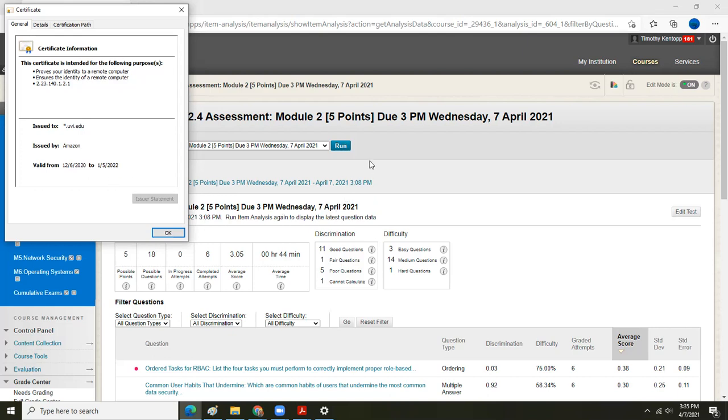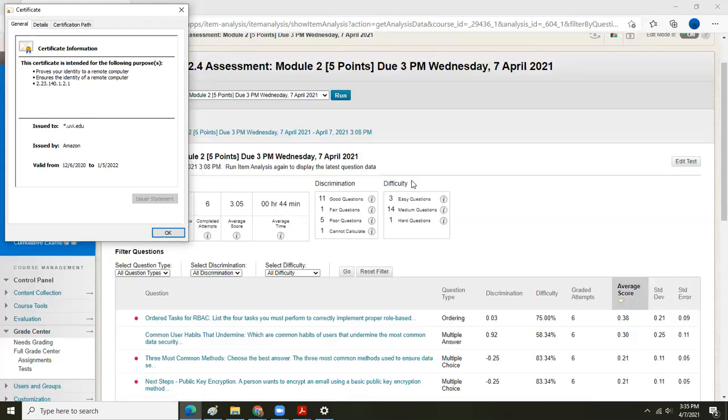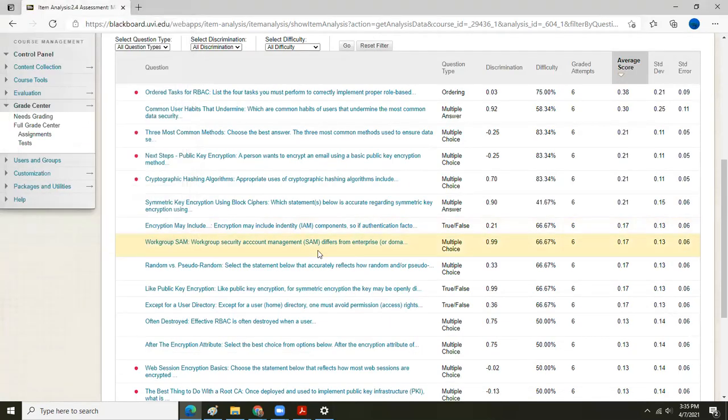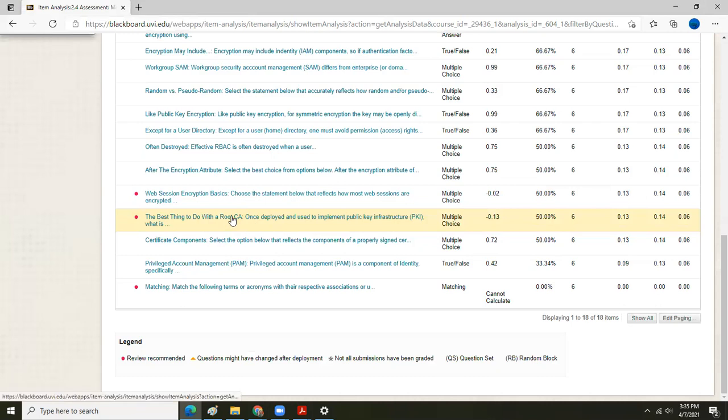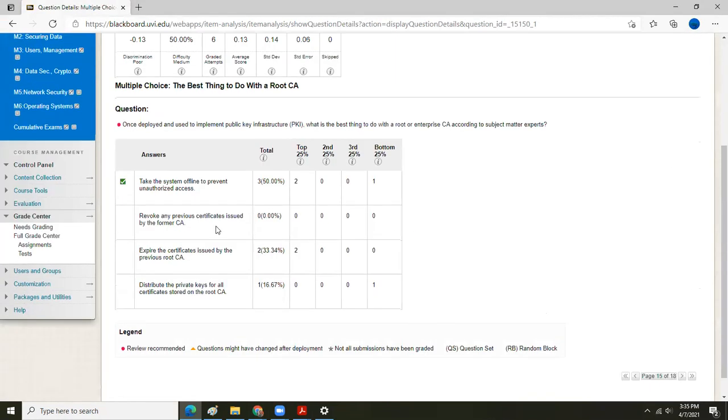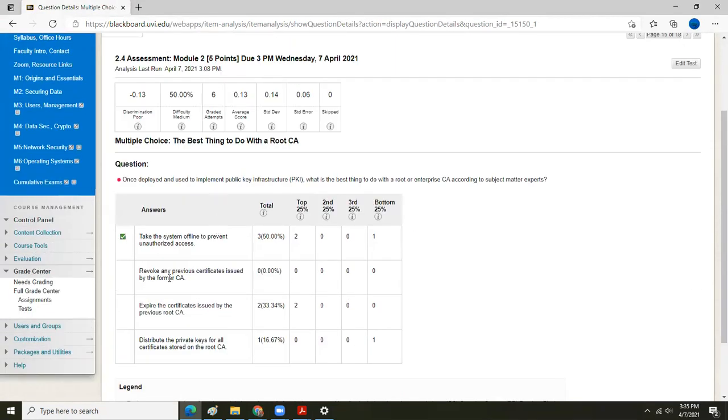So revoking something can happen, but not because of the root CA being set up. You would revoke any previous certificates if a key pair were compromised, but not because you finished setting up a CA.